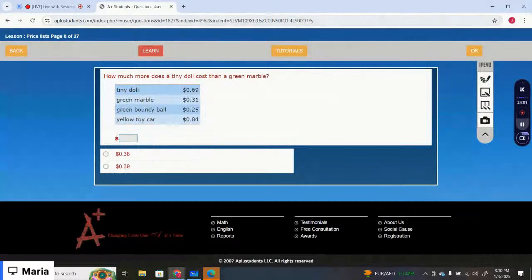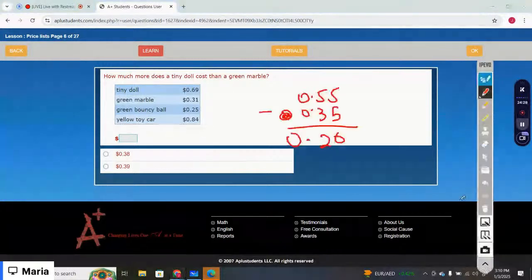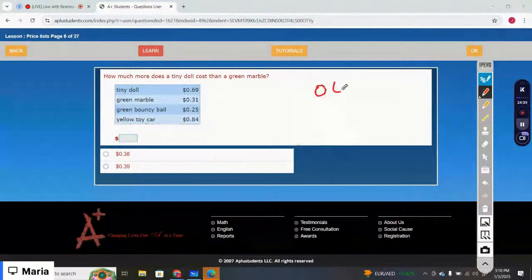How much more does a tiny doll cost than a green marble? The tiny doll is $0.69 and the green marble is 0.31.